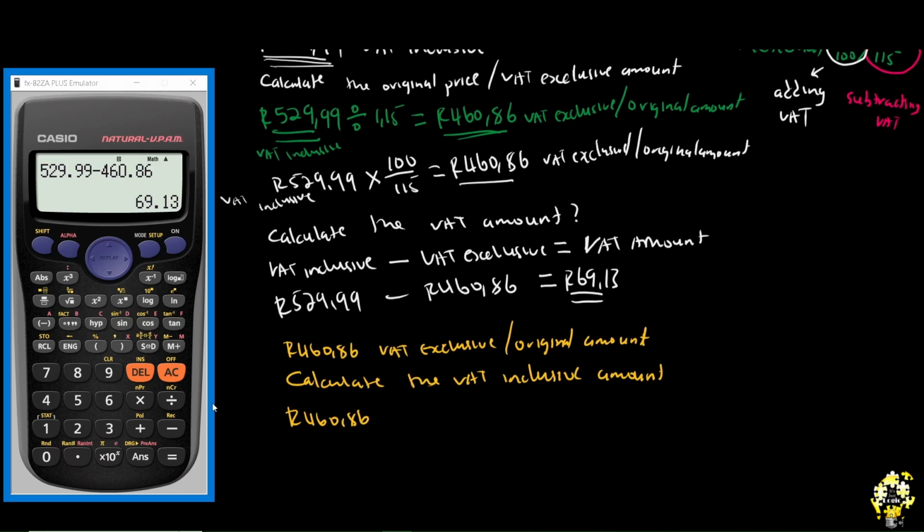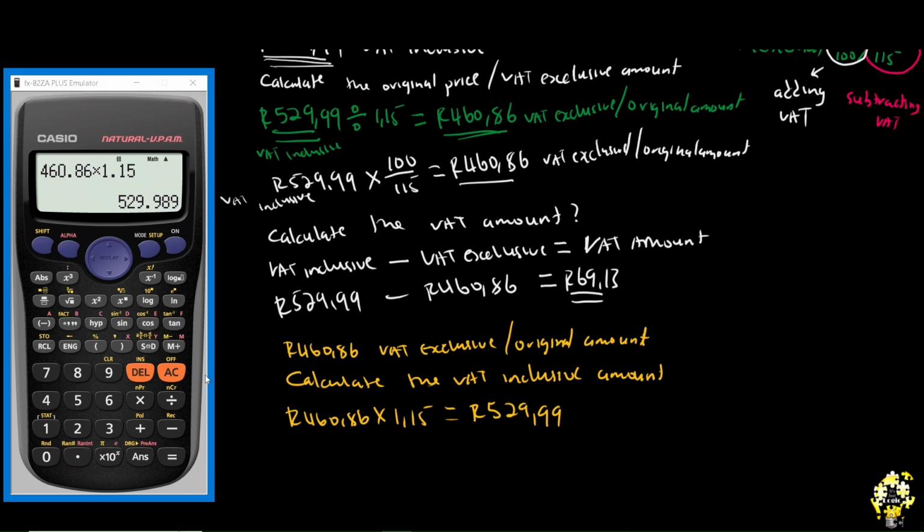So we are going to multiply by 1.15. What do we get? 460.86, and then you multiply it by 1.15. You get 529.99 rounded off to 2 decimal places.